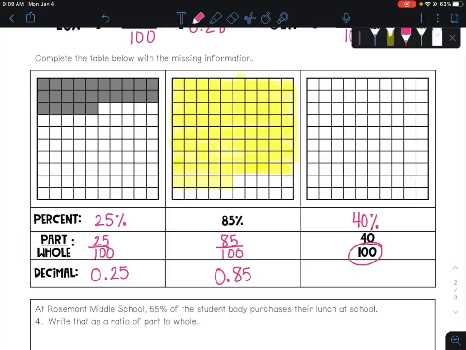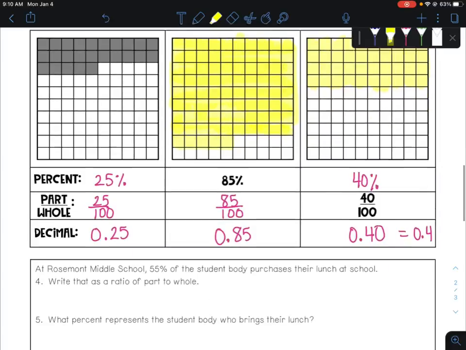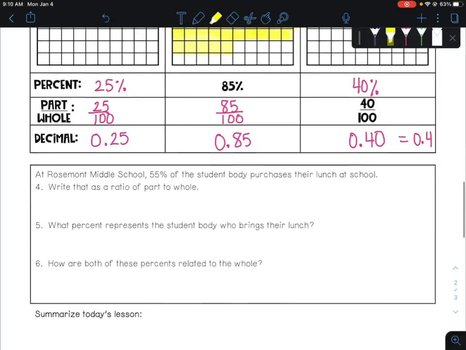Anytime out of 100, the top number is the percent. As a decimal, that would be 40 hundredths. It would be the same if you wrote it like this without the 0. So 40%, 40 out of 100, we have to shade in 4 rows of 10 to make 40 total. There it is.